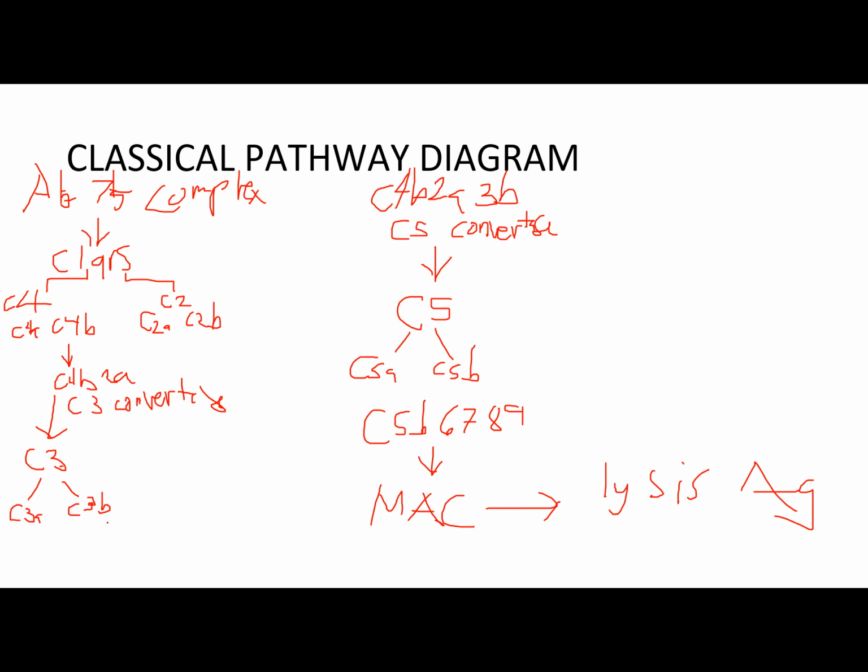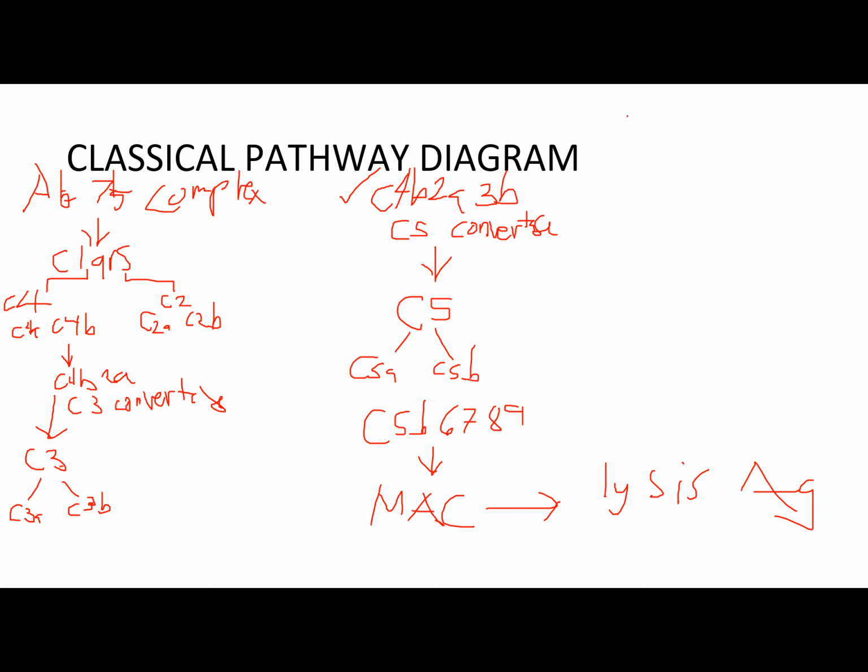What happens, class, is that C3B will attach to C4B2A, forming your C4B2A3B, known as the C5 convertase. The C5 would now be cleaved by C4B2A3B, forming C5A, C5B, and C5B would cause the attachment of C6, 7, 8, and 9, forming the membrane attack complex, leading to the lysis of antigen.